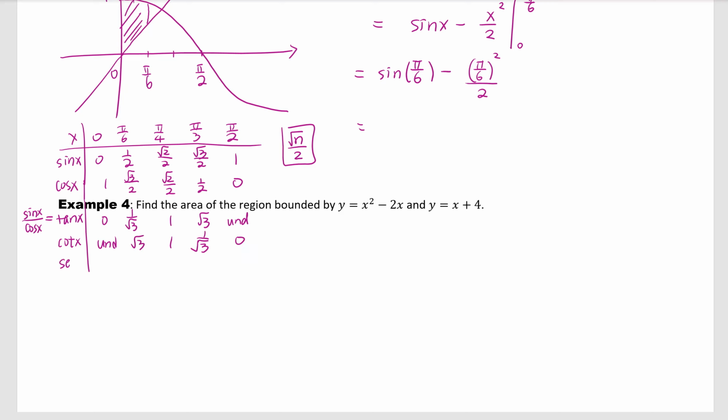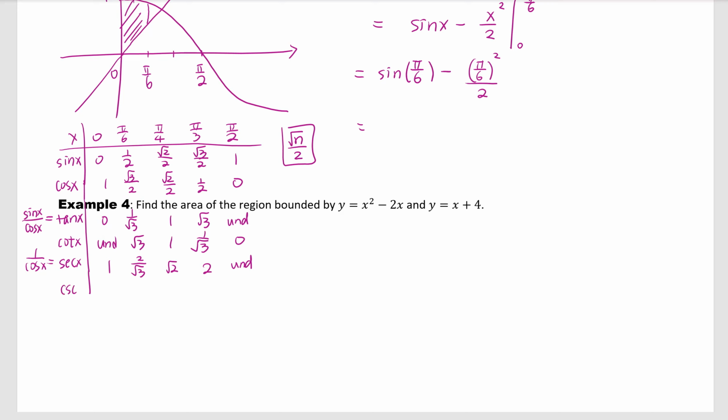How about secant? Secant is 1 over cosine. 1 over 1 is 1. And for this guy, 1 over that means you flip it over, so 2 over root 3. 1 over that is root 2. 1 over that is 2. 1 over 0 is undefined, so we also have a vertical asymptote at pi over 2 for secant.